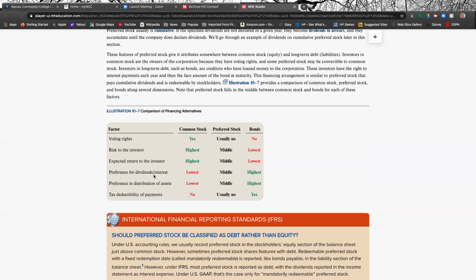Preference for dividends, and interest. Well, bondholders get paid first, and that's interest. Remember, what's the difference between stocks and bonds? Bonds are a contractual arrangement between a lender and a borrower. So if the borrower is unable to pay interest, they're in breach.